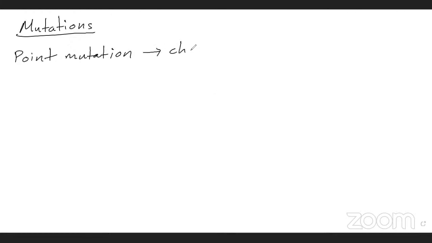A point mutation is just a single change in a nucleotide. An example under this is sickle cell anemia. It's just one change, and it basically messes up everything. One simple change. So point mutation, a change in a single nucleotide.